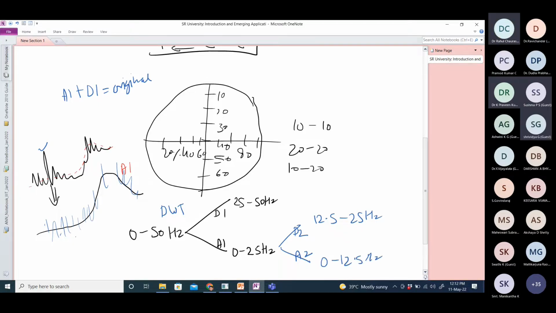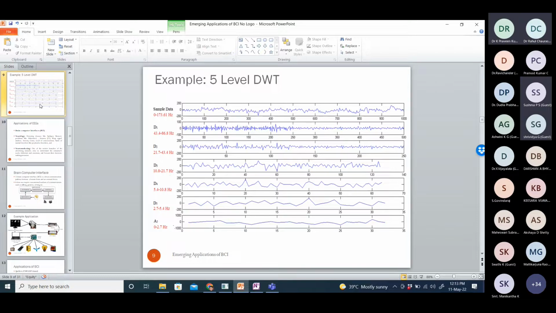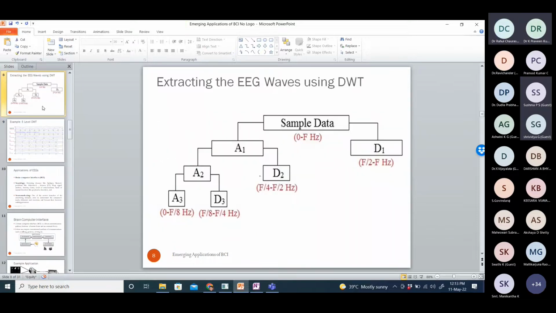So this black line has been divided into approximation and detail. In general, F by 2 to F is the detail component and 0 to F by 2 is the approximation. Again, you can do a second level DWT, third level DWT, and so on.